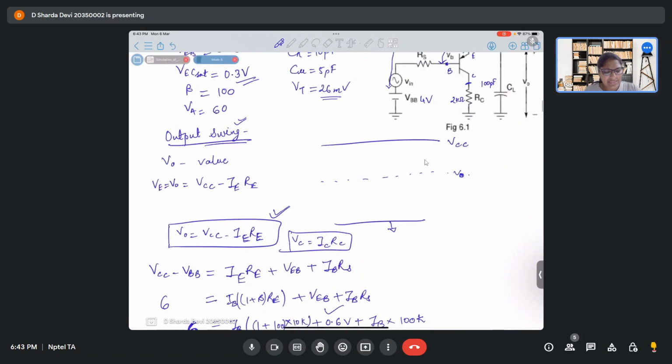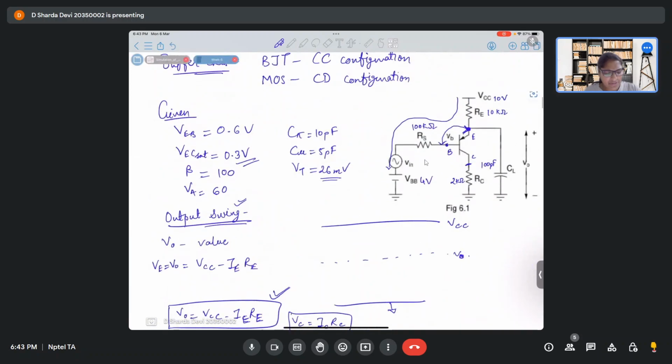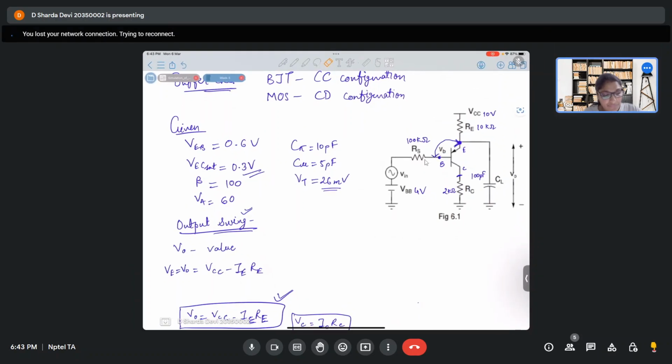Does it give you any hint, or are you able to understand what they are actually talking about? Can you think of anything? The moment you see words like DC analysis or instantaneous analysis, yes.